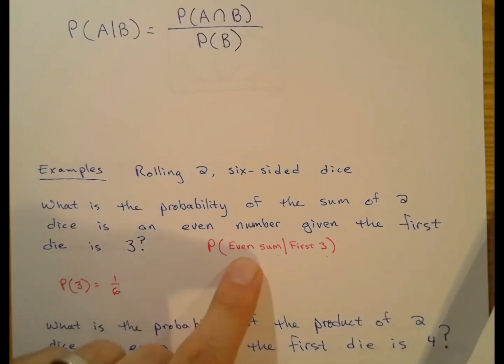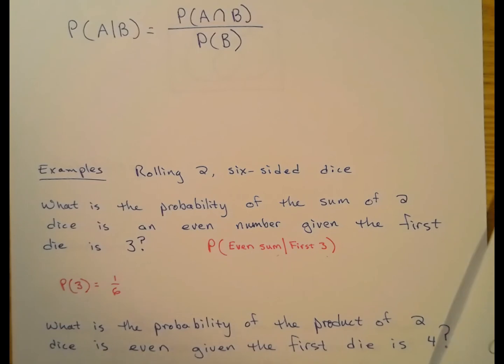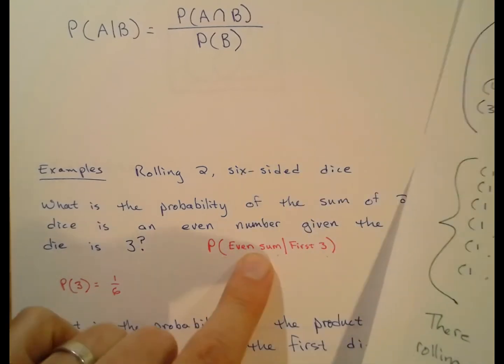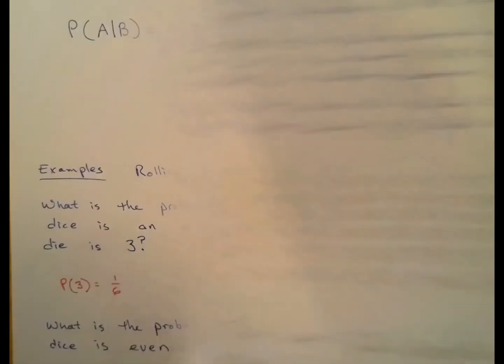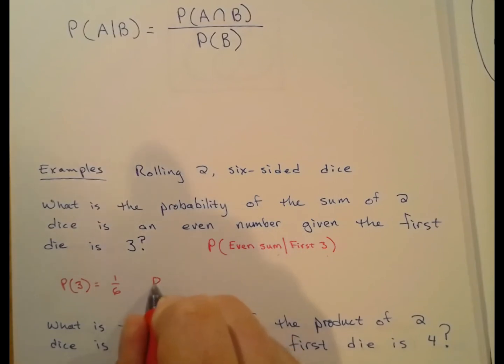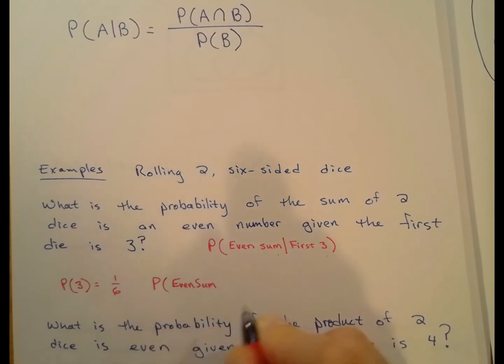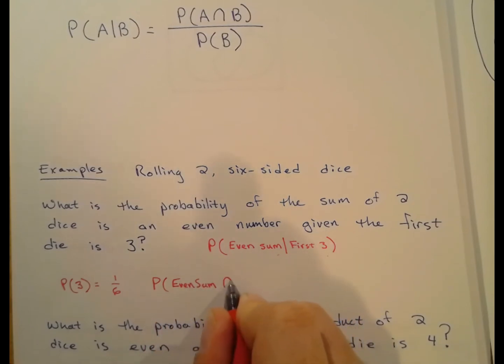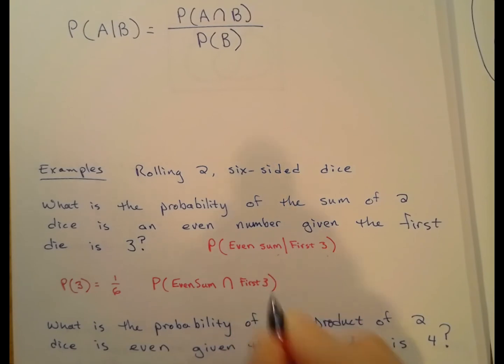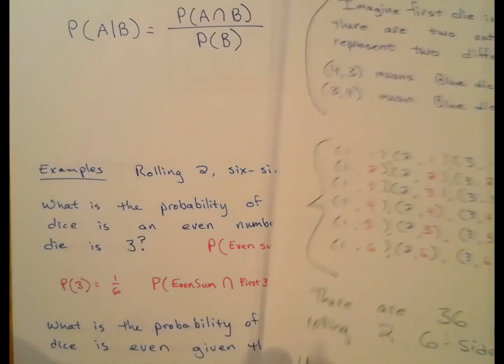Okay, and then the probability of the even sum and the first die is 3. Let's go to our list here.